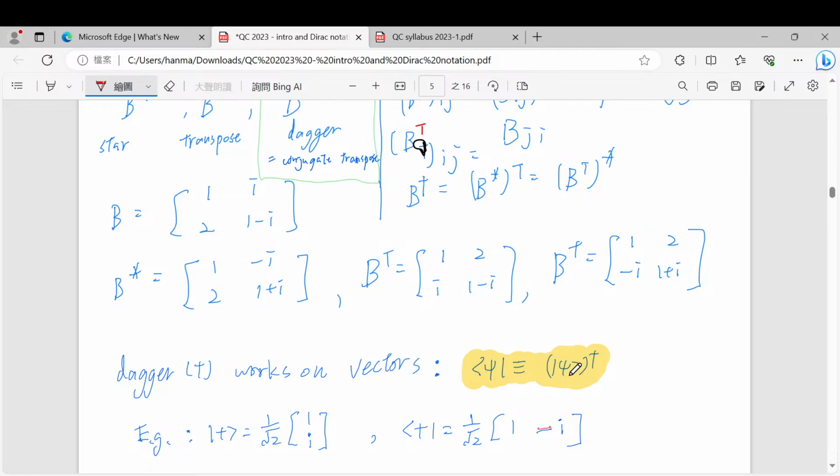Okay, and here is an important definition. If you apply the dagger operation on a ket vector, so the column vector, it will become a row vector.